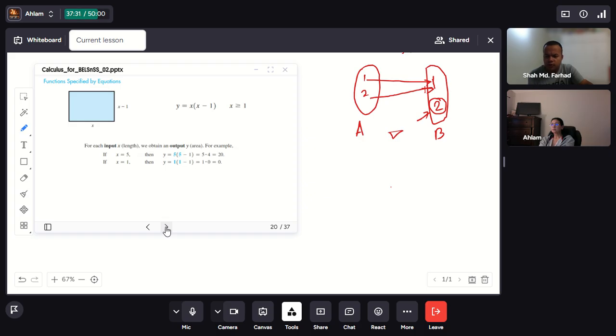Here, we are gradually moving to the application of the function in real life. Here is a function specified by an equation. We see a rectangle, and the length is x, and the breadth or width is x minus 1.